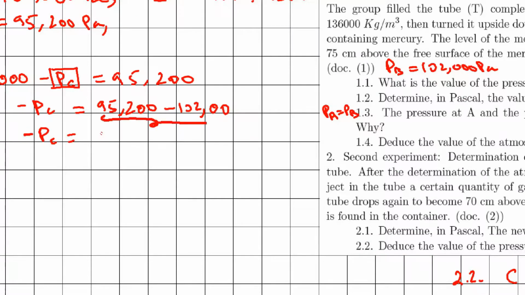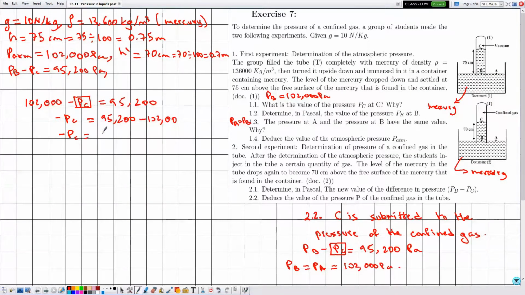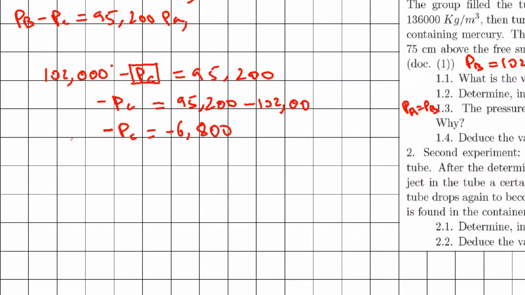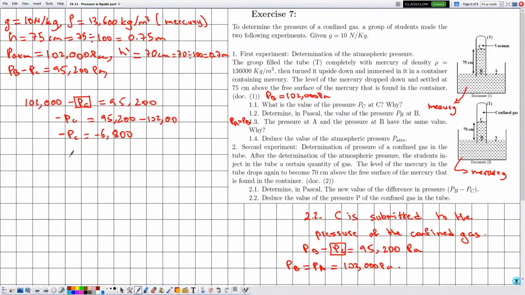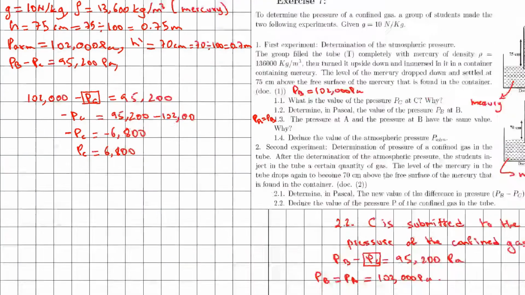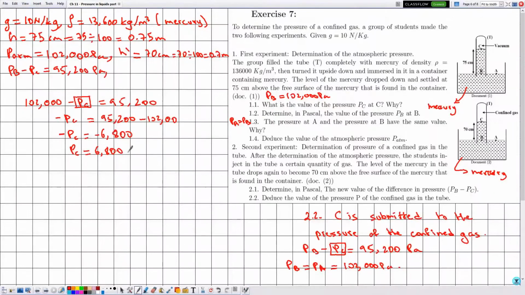Plugging this on the calculator, it's minus 6,800. But we are interested in determining PC and not minus PC, so we multiply both sides by minus 1, then PC is equal to 6,800. Since everything is expressed in the SI, the unit of PC is Pascal. Then the pressure of the confined gas is 6,800 Pascal.